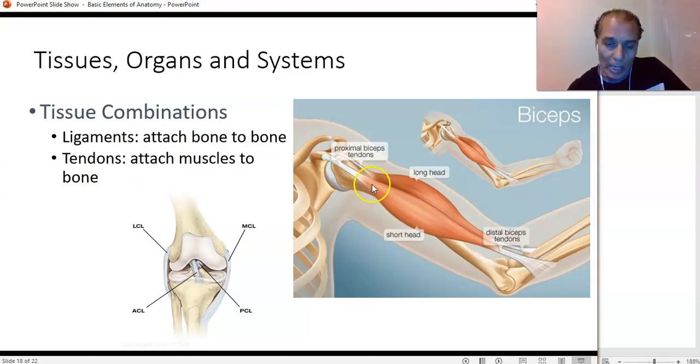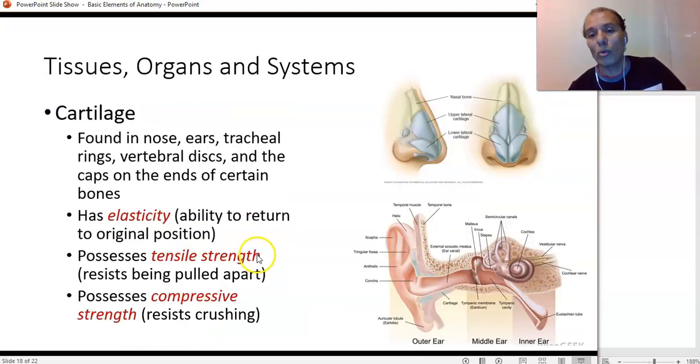On one end, as it goes to connect with the bones, it forms into a flexible structure that is neither muscle nor bone. It is a tough fibrous tissue, and it connects a muscle with a bone. So tendons attach muscles to bone. On the other end, there are also tendons connecting the same muscles to bones.